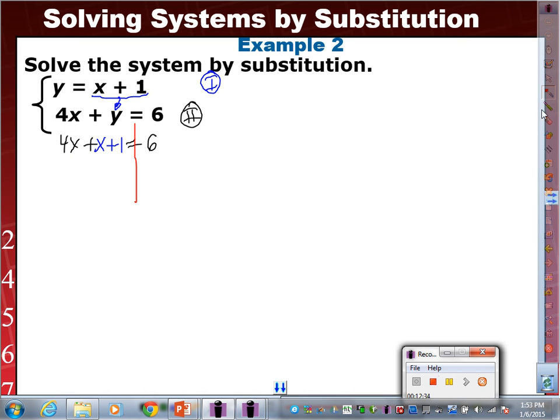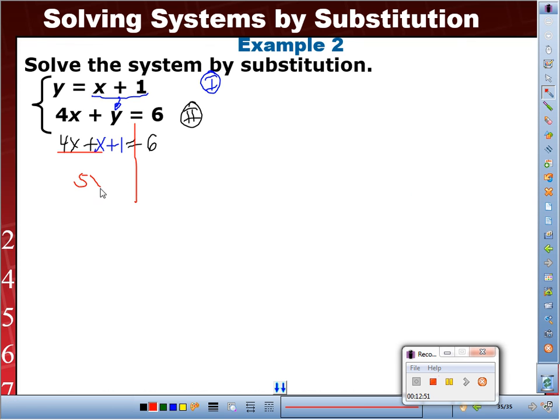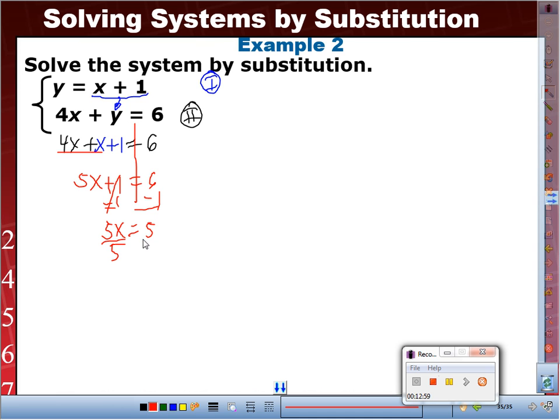So, combine like terms. This is 5x plus 1 equals 6. Subtract 1, subtract 1. 5x equals 5. Divide by 5, divide by 5. x equals 1. Hands up if you got that. Okay, that was step 3.